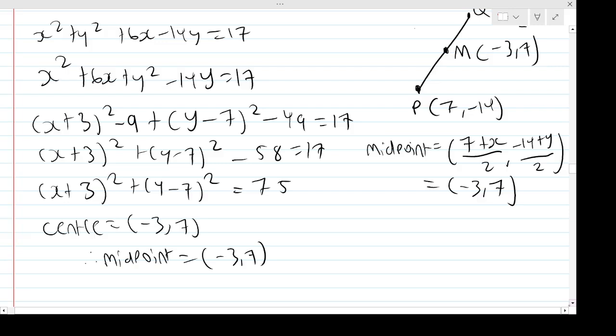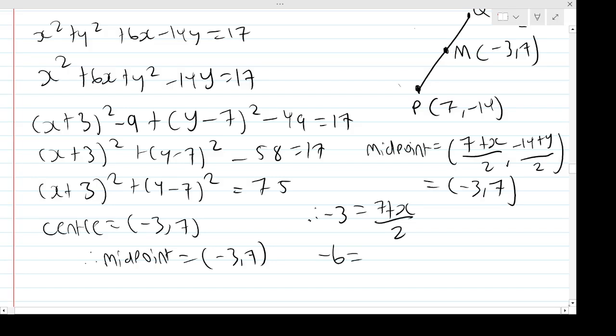Therefore, I can get an equation for x and y. I can equate the x and the y coordinates of these two points, because they're both just different ways of expressing the midpoint, but they're the exact same. Therefore, minus 3 is (7 plus x) over 2, because that's the x components of both of them.